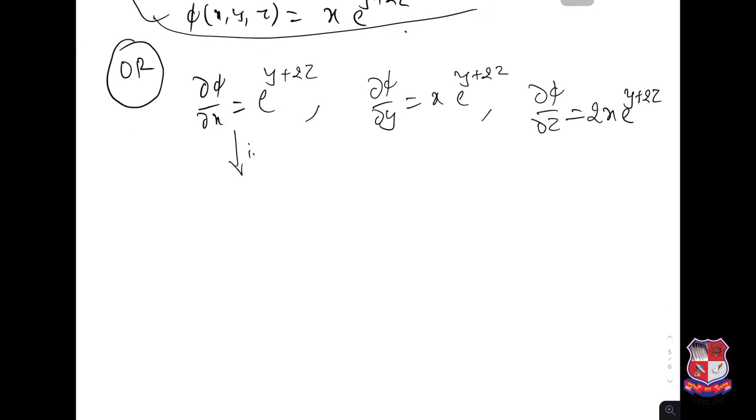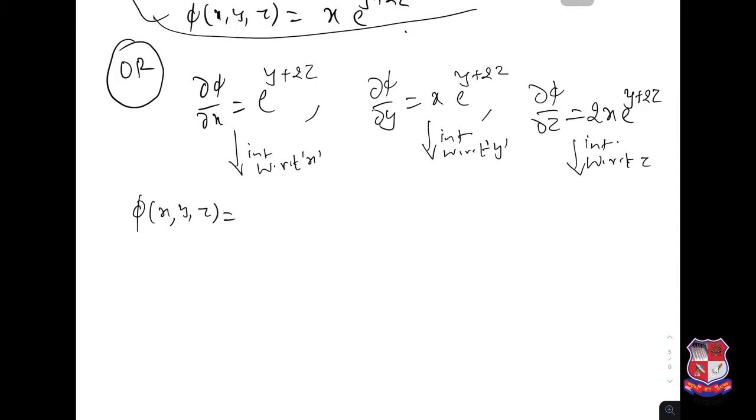Now you take integration here with respect to x, take integration here with respect to y, and take integration here with respect to z. So then here you will be having phi of xyz equal to integration with respect to x, so it is x e power y plus 2z. Similarly here you are having but plus the constant, y and z we are treating constant, so function of y and z.